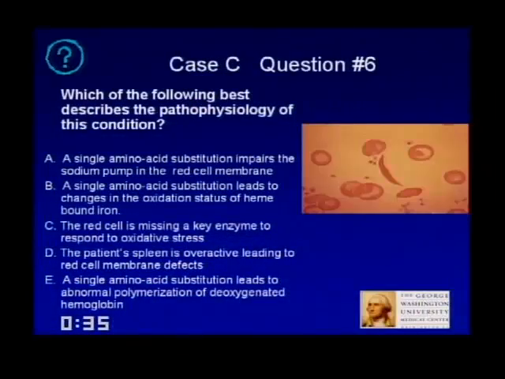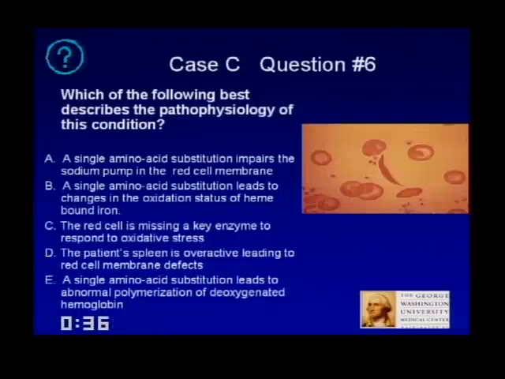Which of the following best describes the pathophysiology of this condition? So I'm trying to get at what the underlying defect is. A, a single amino acid substitution impairs the sodium pump in the red cell membrane. B, a single amino acid substitution leads to changes in the oxidation status of heme-bound iron.